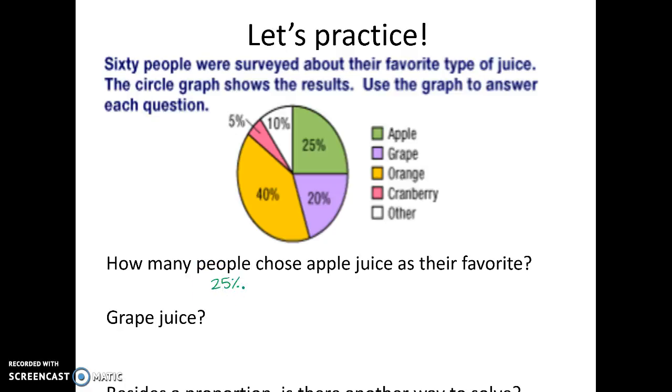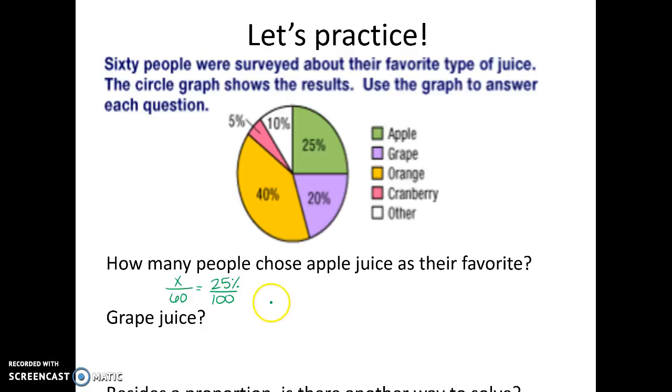So I know a lot of people would want to say it's 25 people, but if you go back and take a look, it says 60 people were surveyed. So how many people out of 60 is 25% over 100. So set up our proportion, do our cross product.